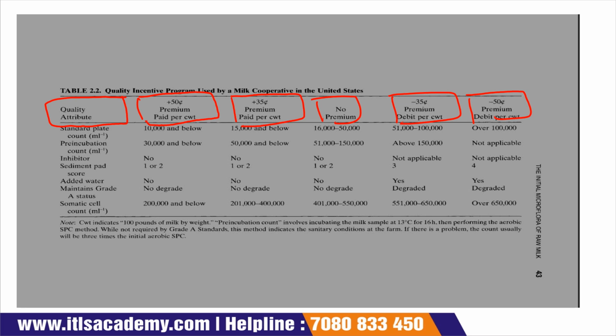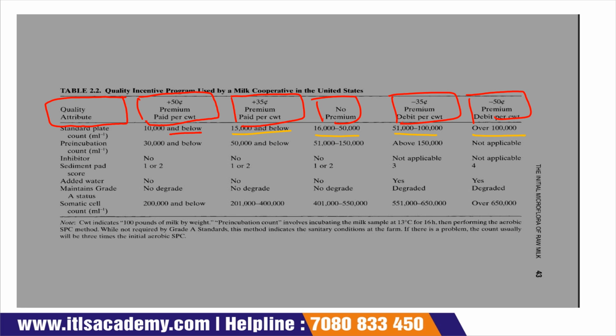For plus 50 it is 10,000 or below; for plus 35, 15,000 or below; no premium is 16,000 to 50,000; minus 35 is 51,000 to 100,000; and minus 50 is above 100,000.